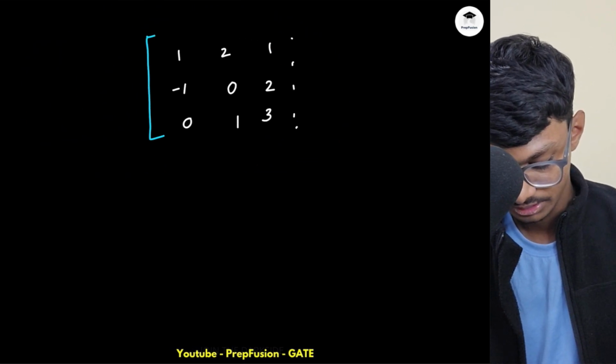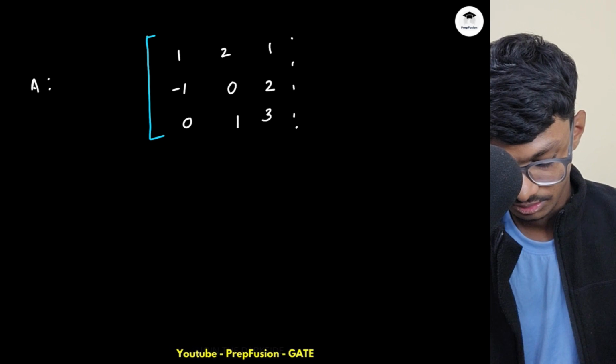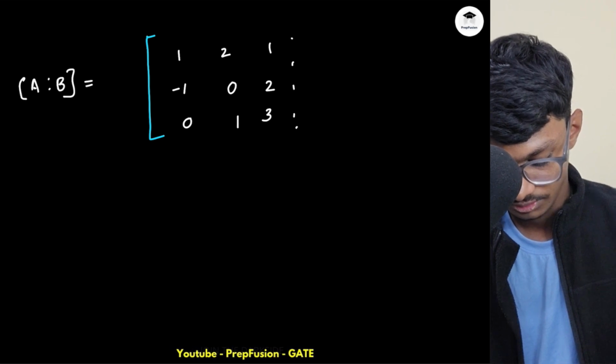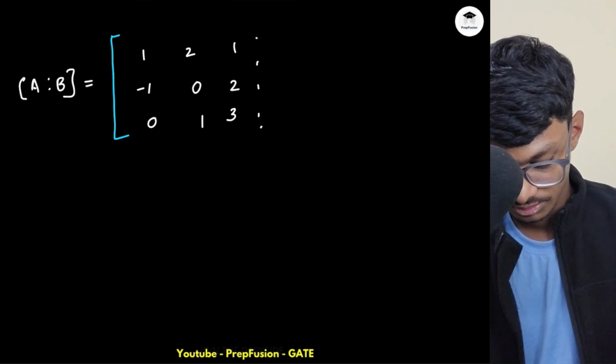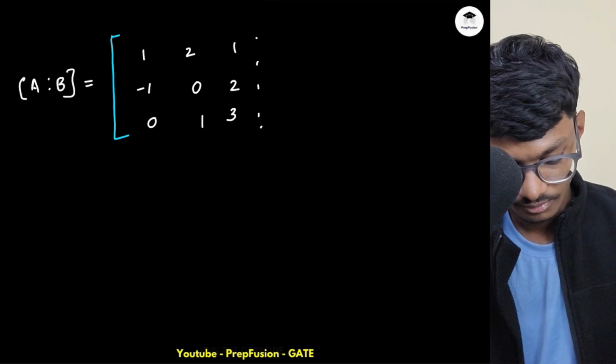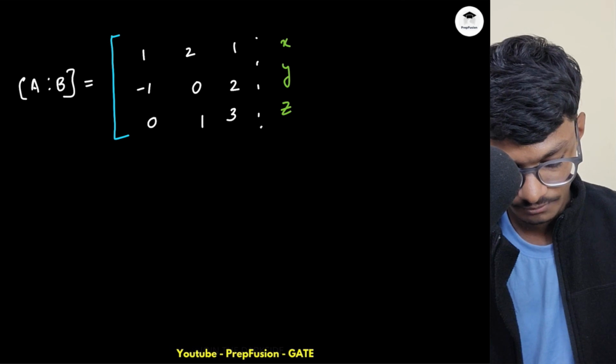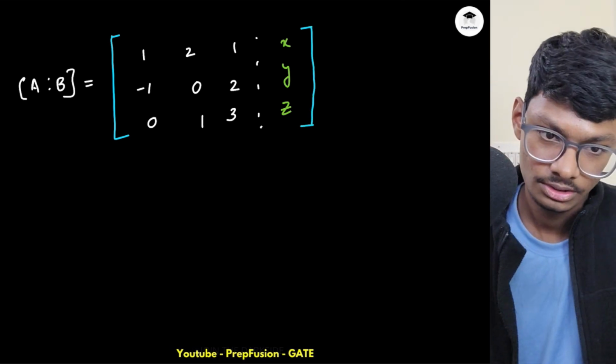This is the augmented matrix A, B. Okay, now this is x, y, z. So this is xyz.